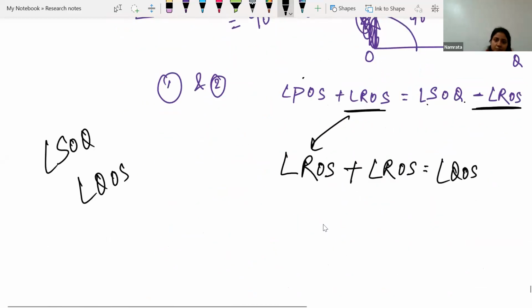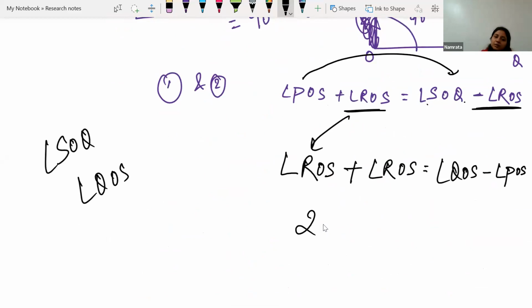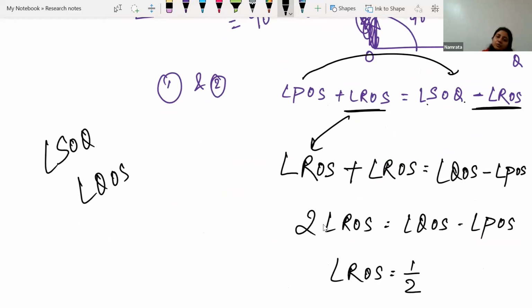And this POS I am bringing to this side, so minus angle POS. Here 2 times angle ROS is equal to angle QOS minus angle POS. So ROS is equal to 1 by 2 of angle QOS minus angle POS. Clear?